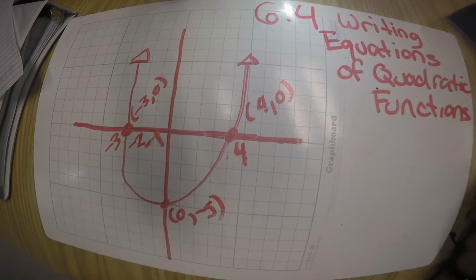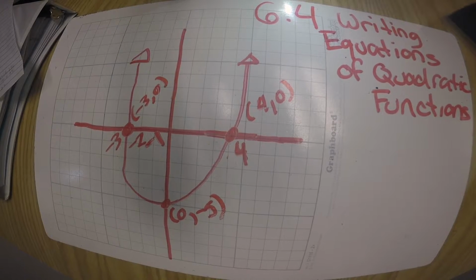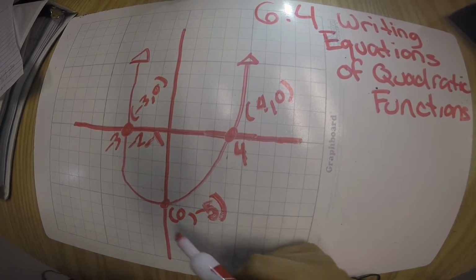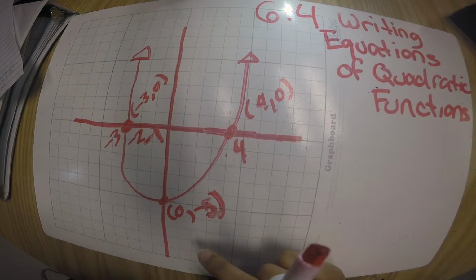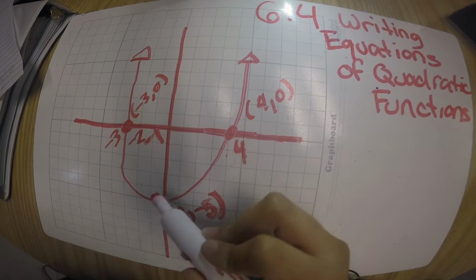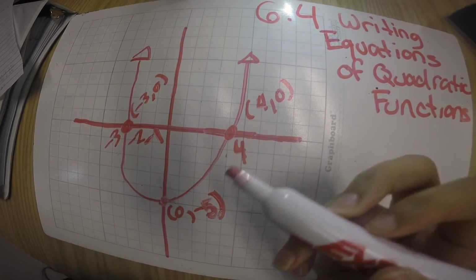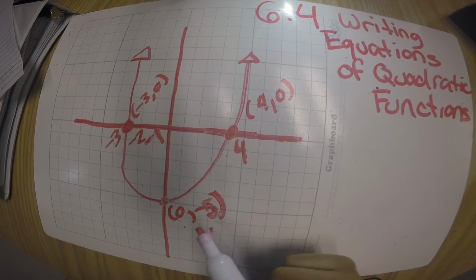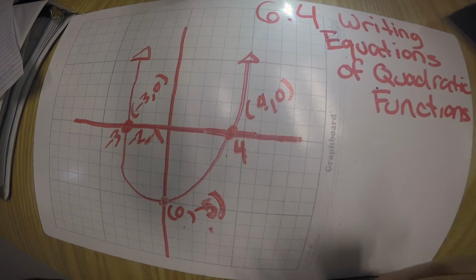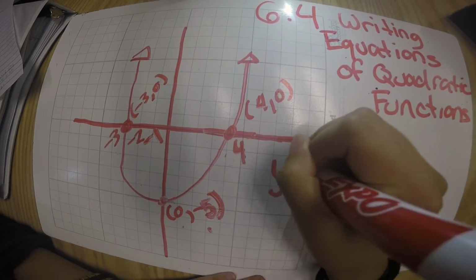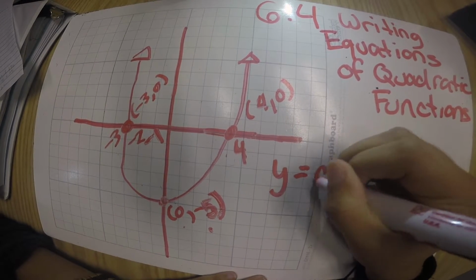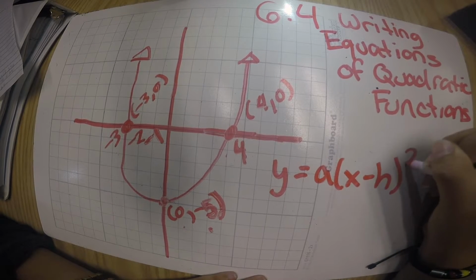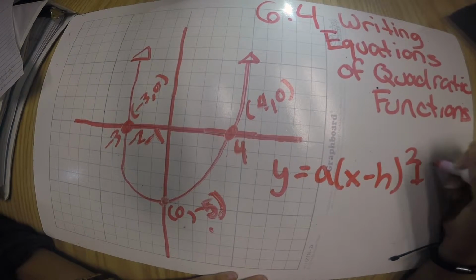Okay, now we're gonna find the vertex. Since my graph already has a vertex, I'm gonna use it. The vertex is always this point right here, and it's 0, -5. And for this equation, it looks like this: y equals a, x minus h, squared, plus k.